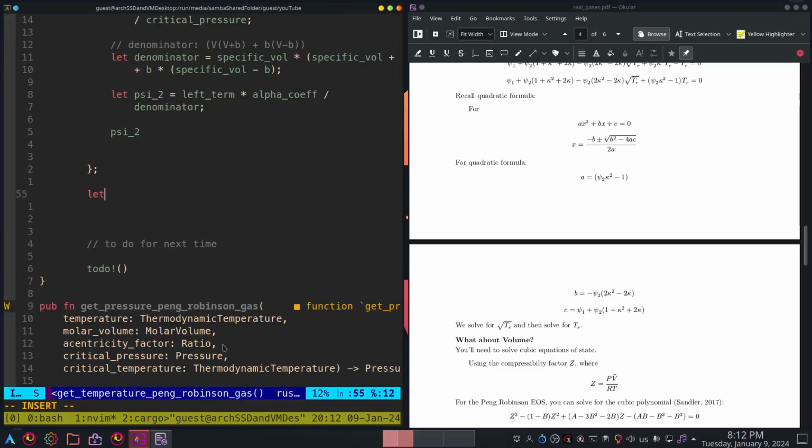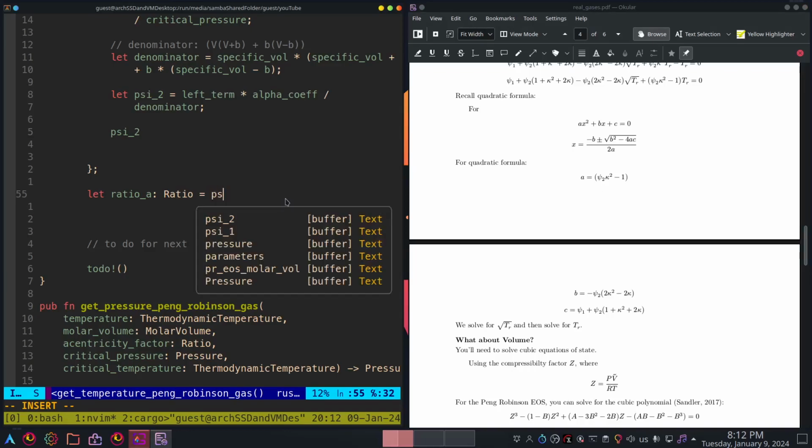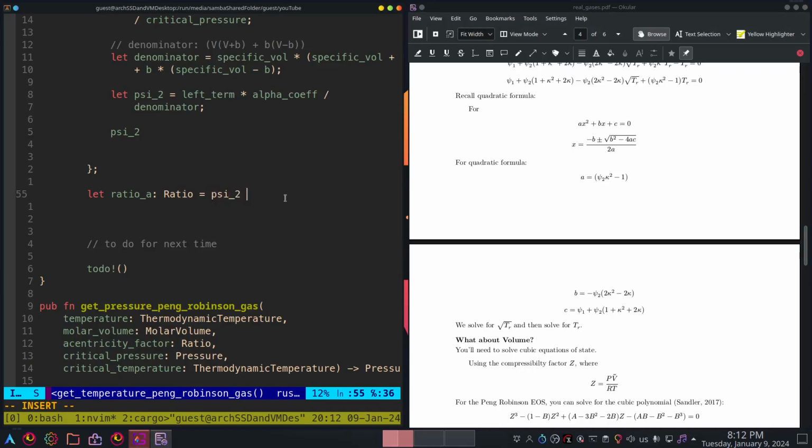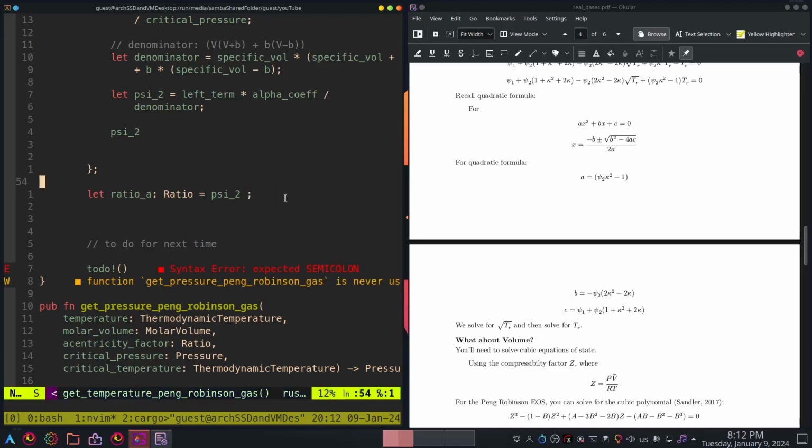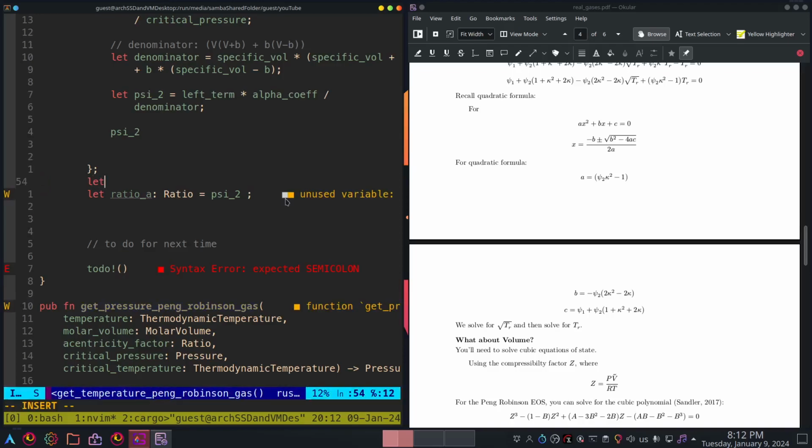I'm just going to call this let ratio A equals, so this is the one, sci2 times kappa, hold on here. I want to do a kappa square first. So this is a ratio as well.